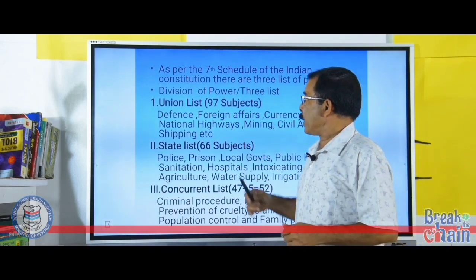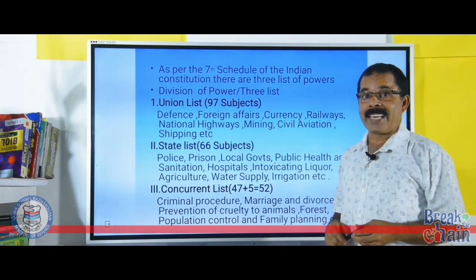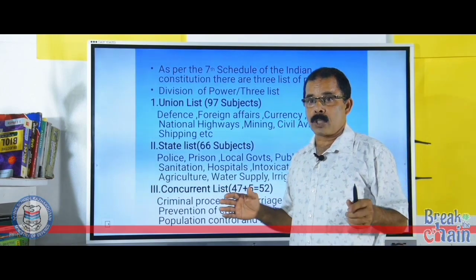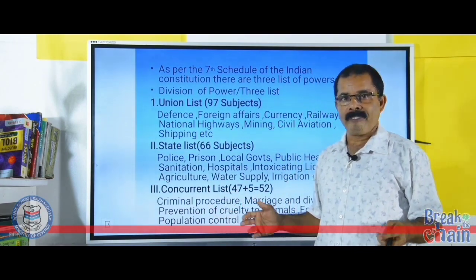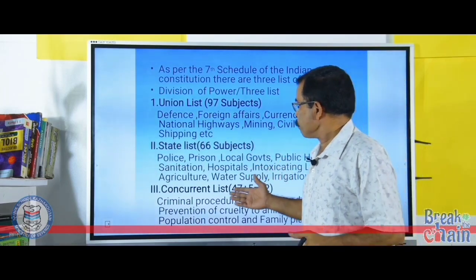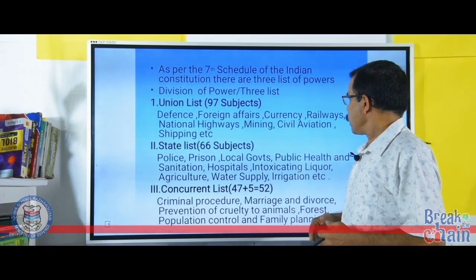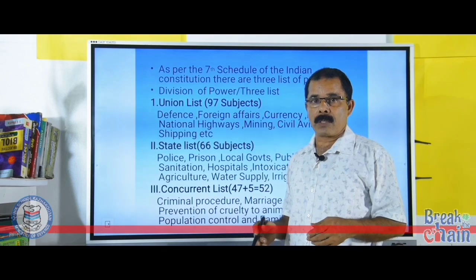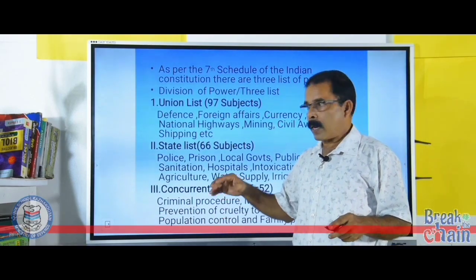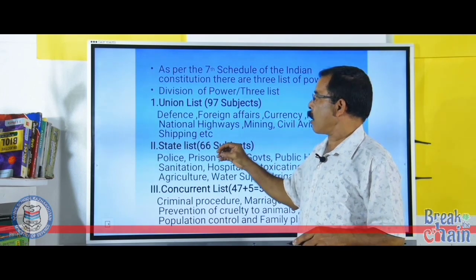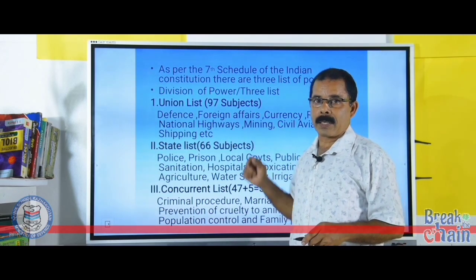The first one is the union list. There are 97 subjects, all subjects of national importance like railways, finance, mining, civil aviation, currency, foreign affairs. All such subjects are given to the central government, the union list.